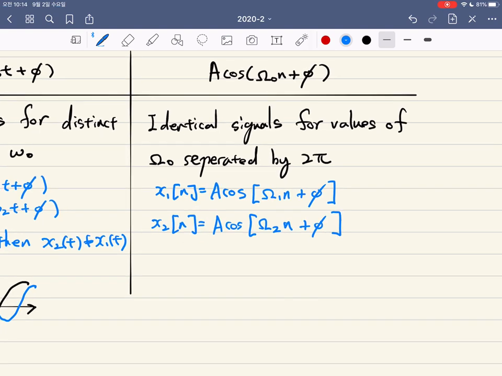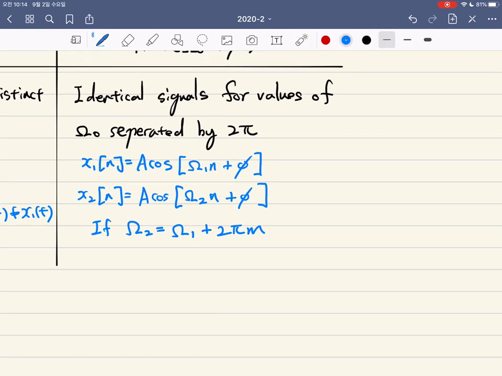If large omega 1 and large omega 2 are separated by 2 pi, you express this sentence as an equation: omega 2 equals omega 1 plus 2 pi m, so separated by 2 pi times an integer m. Then we can modify this equation as follows.